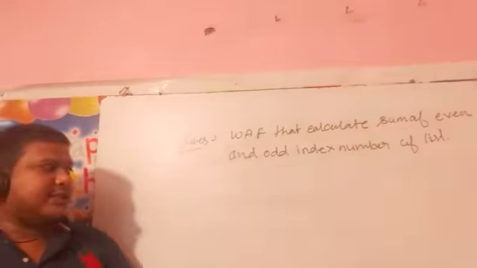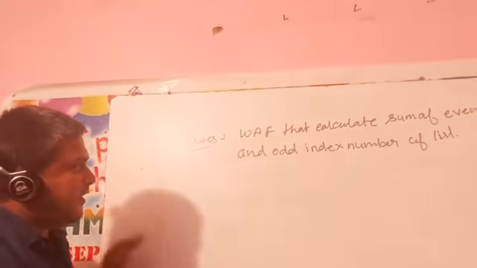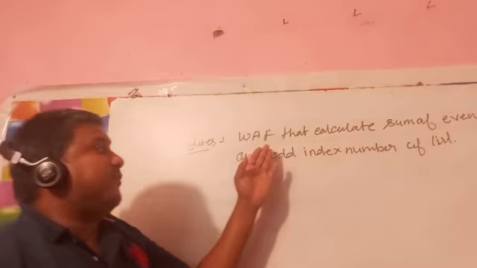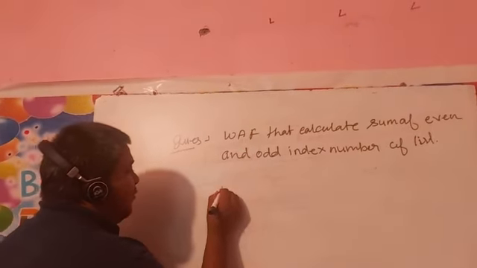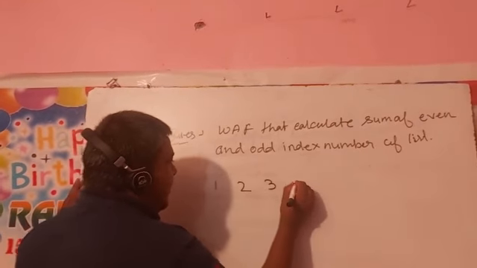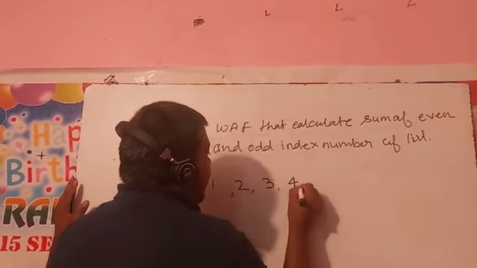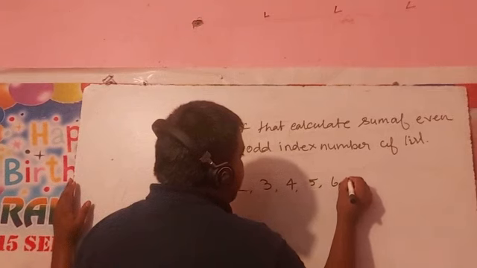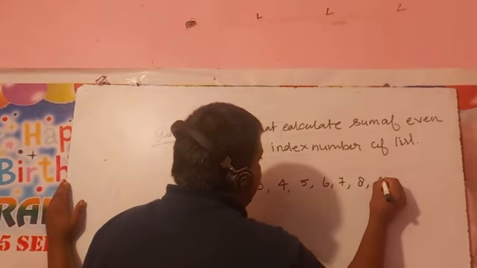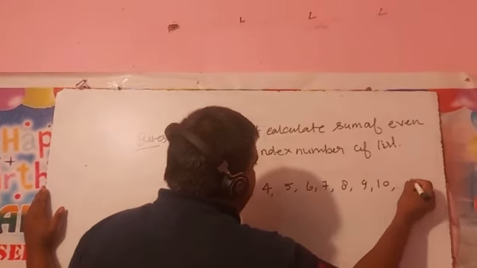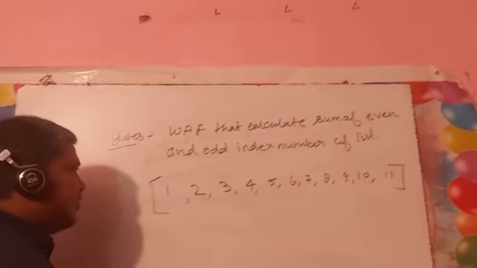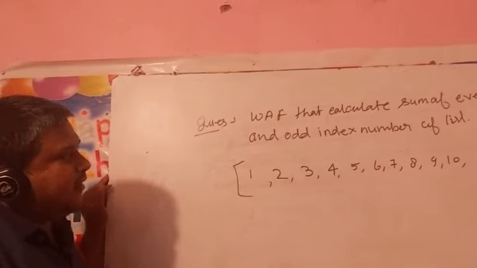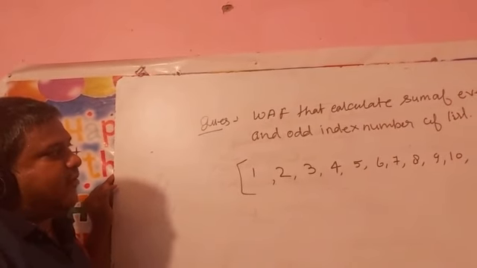If such type of question comes in a board examination, what do we have to do? We have to take one list. For example, we have 1, 2, 3, 4, 5, 6, 7, 8, 9, 10, 11. If we have a list of that many numbers, we have to find the sum of even and odd index.